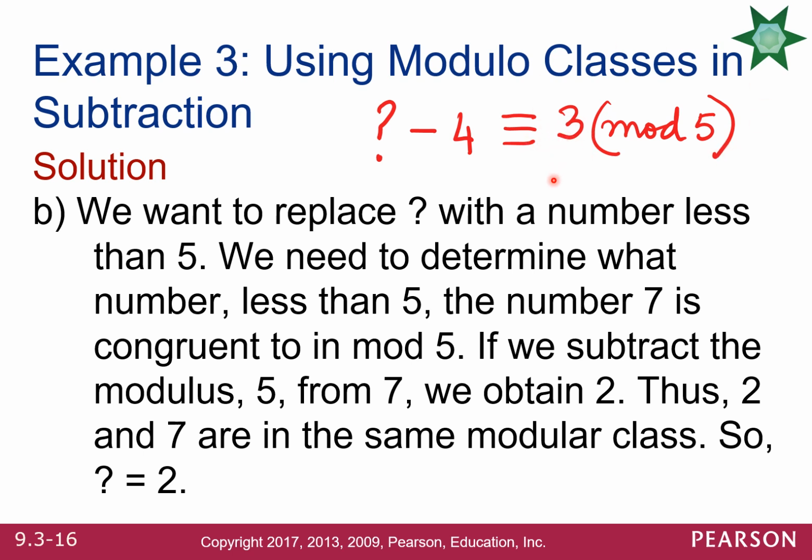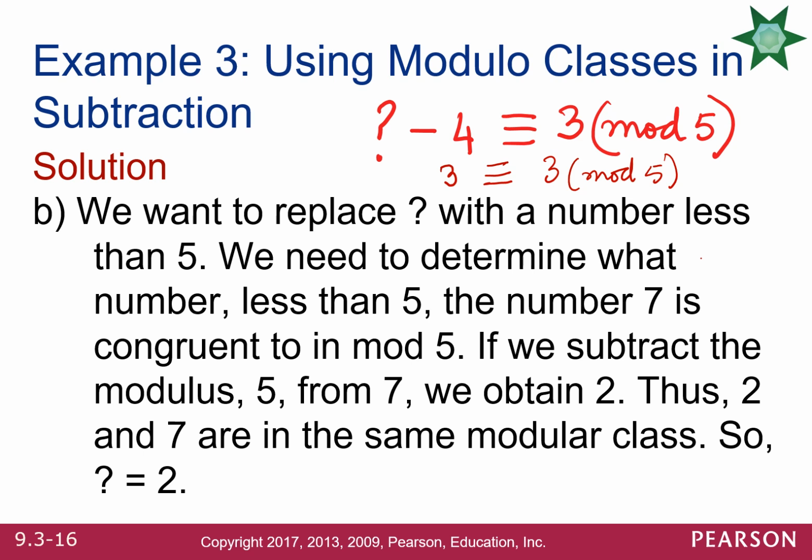All right. Now, if we can make this left-hand side a 3, then 3 is congruent to 3 mod 5, correct? So if we can say 3 is congruent to 3 mod 5, then that's a true statement, correct?